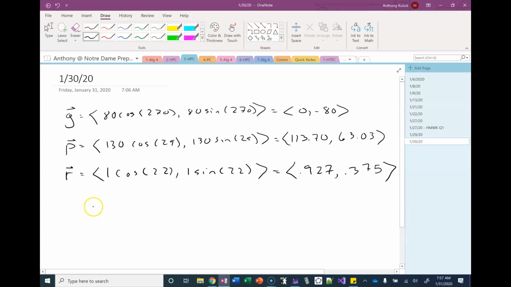So I have to do two projections and look at their difference. I'm going to project the pull vector onto the ramp and subtract from that the magnitude of the projection of the gravity vector onto the ramp.